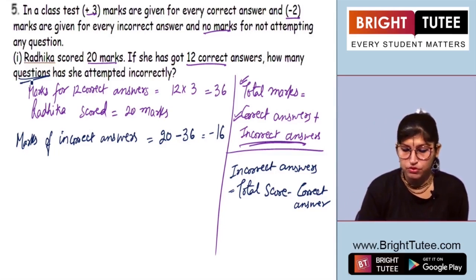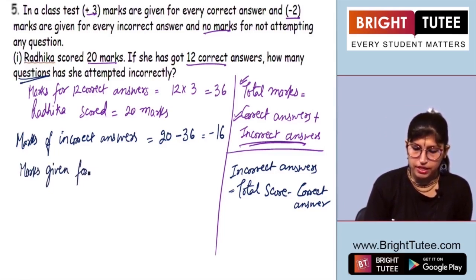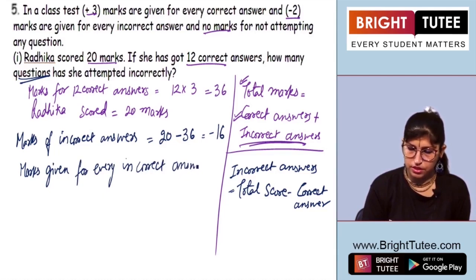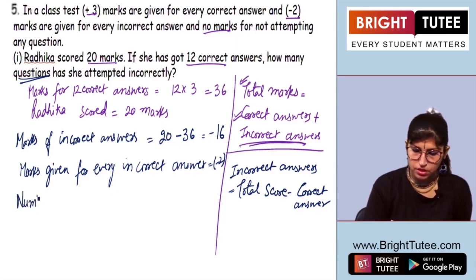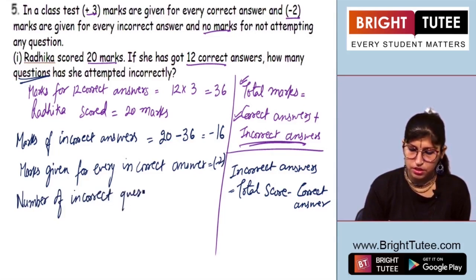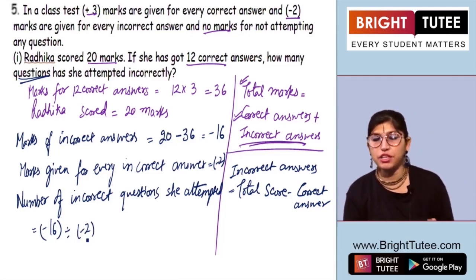attempted incorrectly. So we know the marks for incorrect answers is minus 16, and we know that marks given for every incorrect answer is minus 2 marks. So the number of incorrect questions she attempted will be: total is minus 16 marks, and we will be dividing by minus 2 because every incorrect answer gives us minus 2 marks.